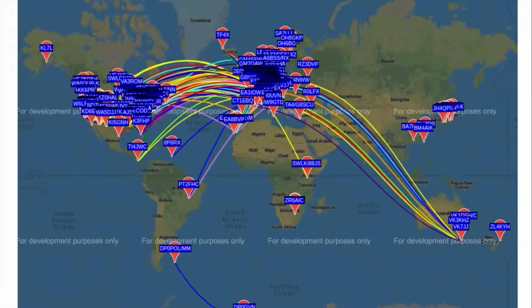And this is the map of WSPRnet. So you can see that there are a huge amount of stations that you can actively see on various bands, 40 meters, 80 meters, 20 meters, and you can see how far your signal is actually going to propagate by transmitting on Whisper and then referencing the map on whispernet.org.